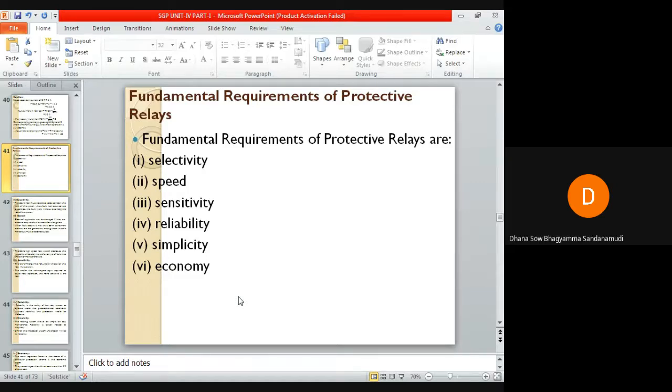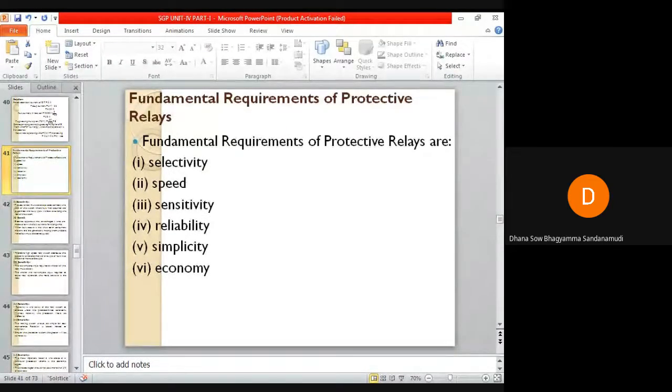So selectivity means the faulty section of the system must be accurately selected by this protective relay. If the relay is able to select correctly the part of the system where fault has occurred, then we can say that this protective relay has good selectivity.